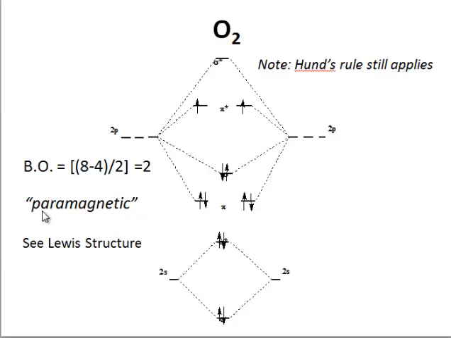You have to make O2 into a liquid, very cold, to actually observe O2 interact with a magnet. These are very weak properties. For review, the bond order was found because there are 8 bonding electrons, 2, 4, 6, 8. And there are 4 anti-bonding electrons, 2 here, and these 2 in the pi star anti-bonding orbital.